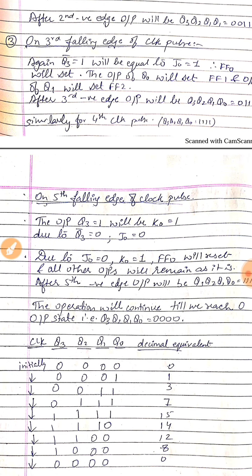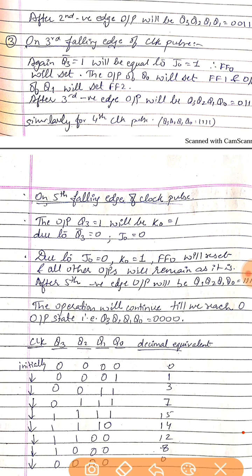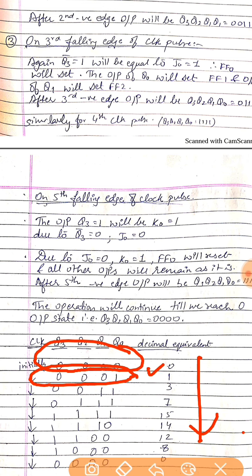The Johnson or twisted ring counter will count. So here we can see it will count like this, 0 to 1, because initially all of the flip-flops were containing 0. On the first negative edge it becomes 0 0 0 1, that is 1. On the second edge it becomes 3, because two flip-flops will get ones. On the third negative edge, three flip-flops will get 1 1 1, and it becomes 7.